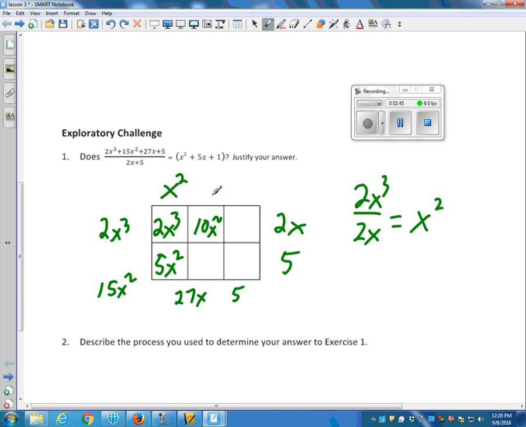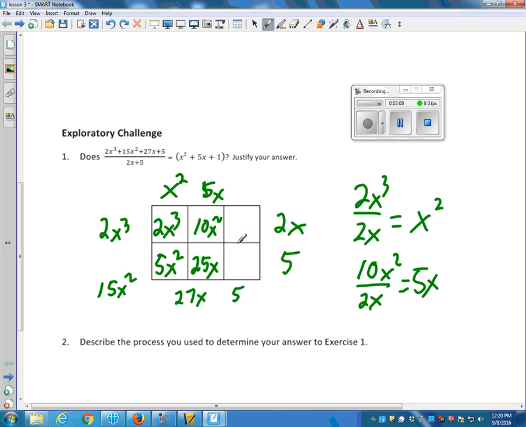And now I have to know what goes up here. I go back and do my division. 10x squared divided by 2x. And so 5x is my next term. And then fill in your column. What goes down here? 25x. 5x times 5.